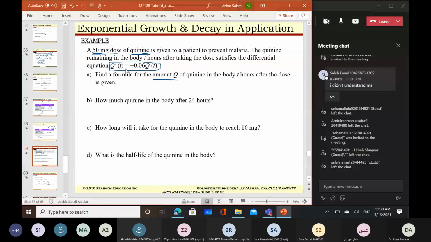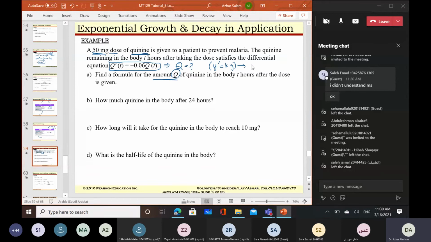So here, in the equation given, I have Q dash. To find the amount Q, I have to find the value of Q. So this is the differential equation. It's similar to what we just said, which is y dash equal to ky, right?